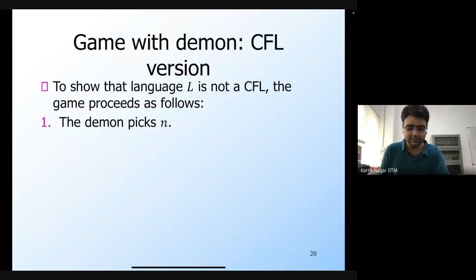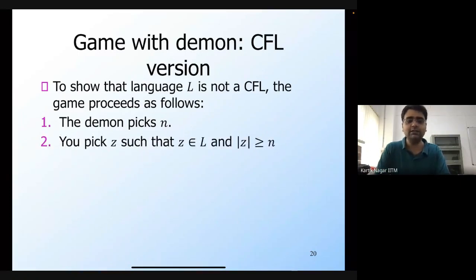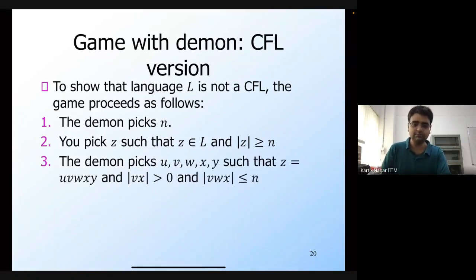So the daemon picks n, and then the player picks a z such that z belongs to L and the length of z is greater than or equal to n. Then the daemon is going to pick some u, v, w, x, and y such that z is the concatenation of these substrings, with the constraints that the length of vx is greater than 0, and the length of vwx is less than or equal to n.